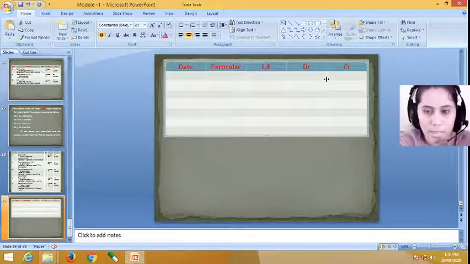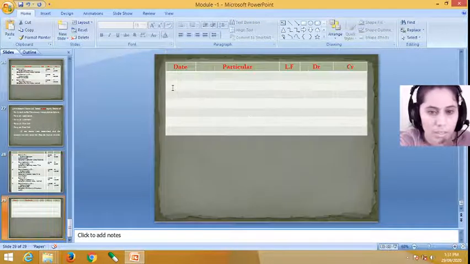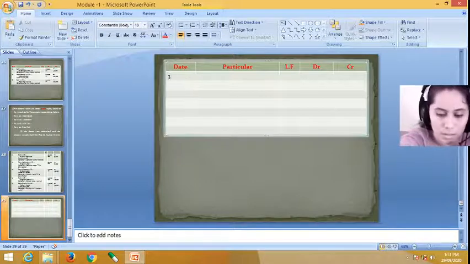In the last slide, I solved till the transfer entry of the share first call. So now the receiving entry of the share first call. So it is the 6th entry.